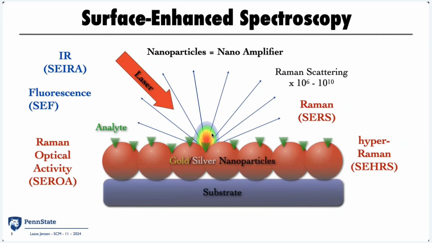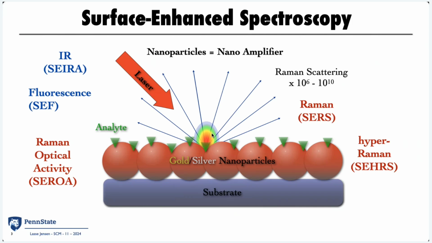The simplest explanation of this concept of surface-enhanced spectroscopy, or specifically surface-enhanced Raman spectroscopy, is that the light excites these collective excitations, called plasmon excitations, on structured nanoparticles.